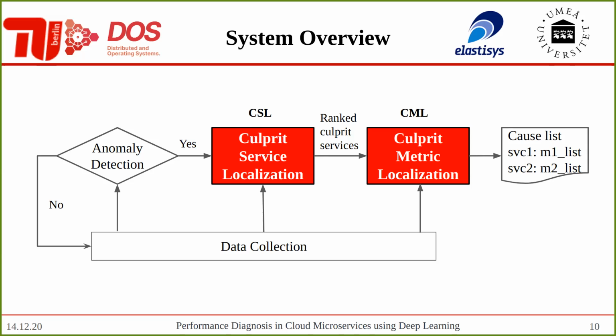In this step, we try to locate which microservice initiated the performance degradation in the system, resulting in a ranked list of culprit services. Then, given the culprit services, the culprit metric localization module will try to identify the culprit metrics. At the end, we get a list of root causes. The keys are the culprit services, and the values are the culprit metrics. Next, I will introduce the details of the culprit service localization and the culprit metric localization.